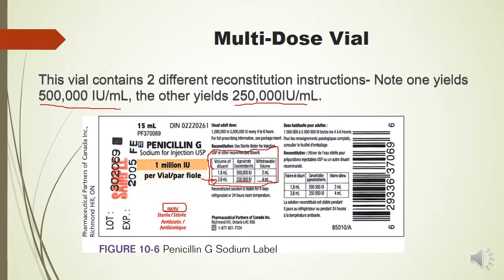So in the first one, we can see if we add 1.8 milliliters of dilutant, okay, we're going to get a concentration of 500,000 international units in 1 mil, okay, and our total volume at the end will be 2 mils, okay, and then at the bottom here, we have adding 3.8 mils, okay, gives us a total volume of 4 at the end, and our concentration is 250,000 international units per mil. Okay?